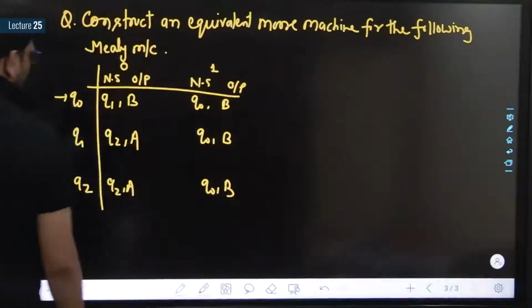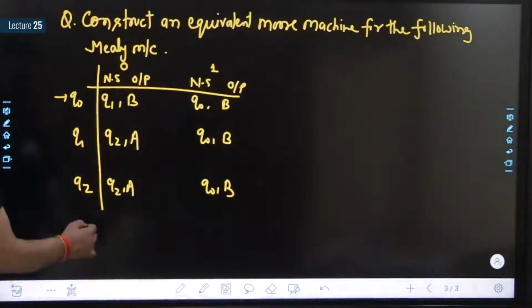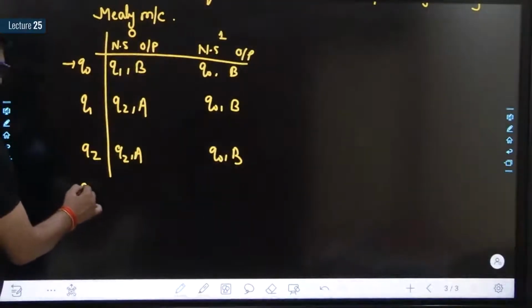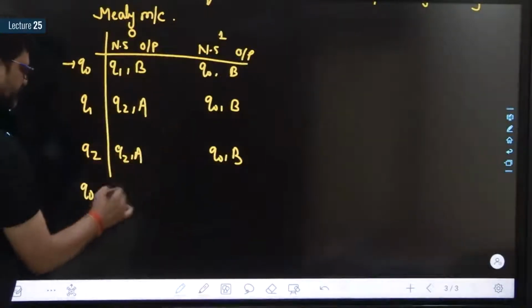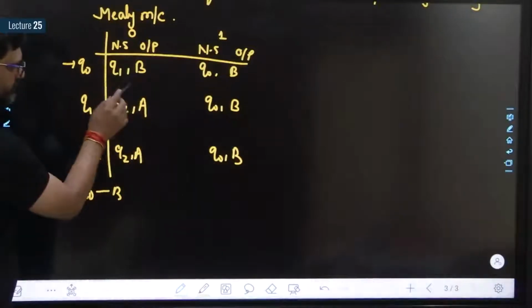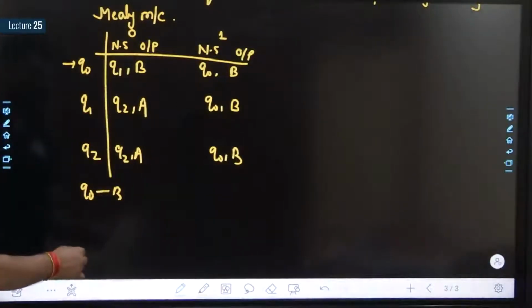Okay, see, what are the outputs associated with the states? Q0 B. Is there any output associated with Q0?